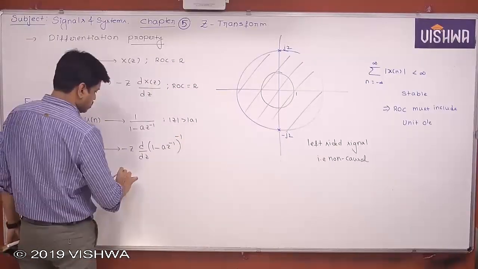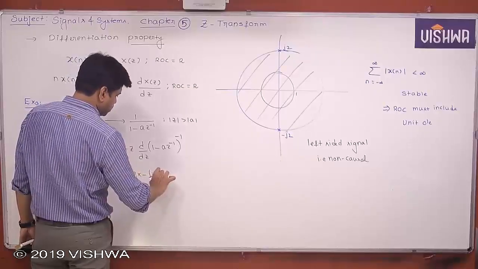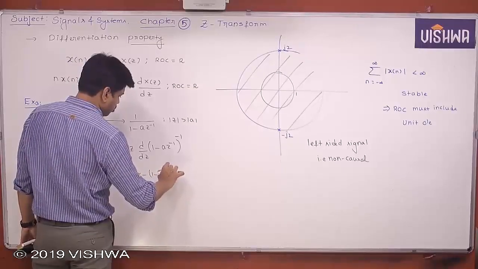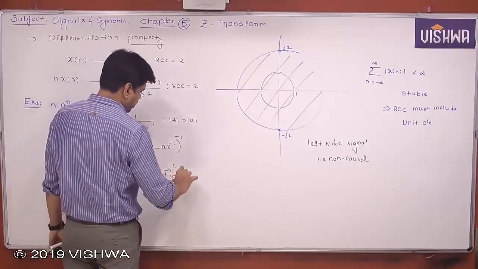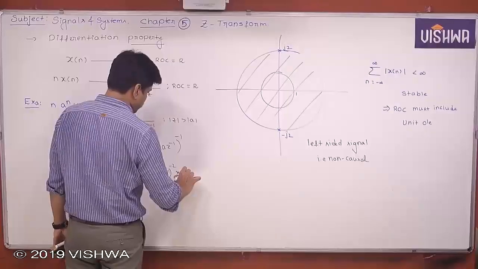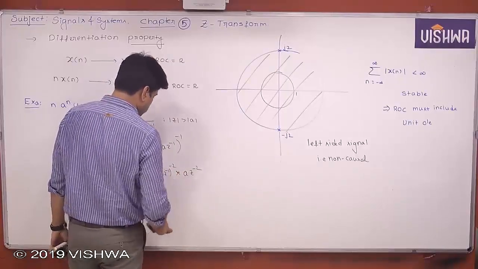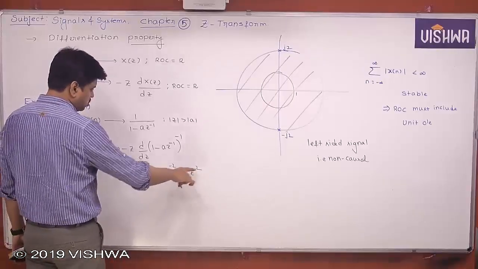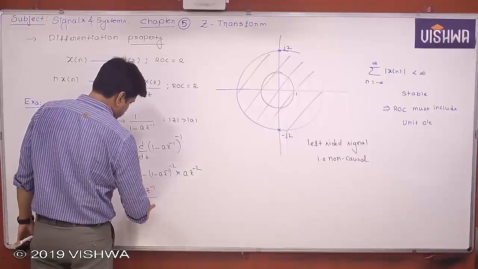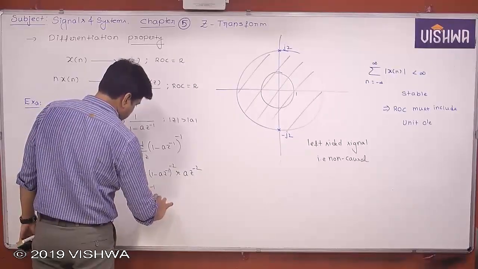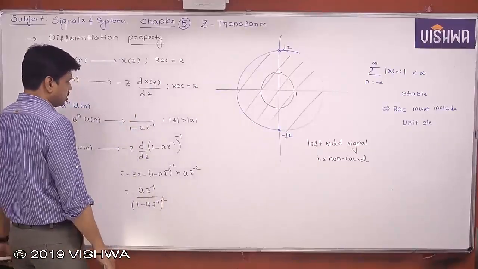That is equal to minus Z into minus 1 minus a Z inverse whole power minus 2 into the differentiation of this one, minus a, minus into minus plus a Z power minus 2. So finally minus minus get cancelled, Z and Z get cancelled. Finally, a Z inverse by 1 minus a Z inverse whole square. So this is what we are going to get, and you have to remember this.